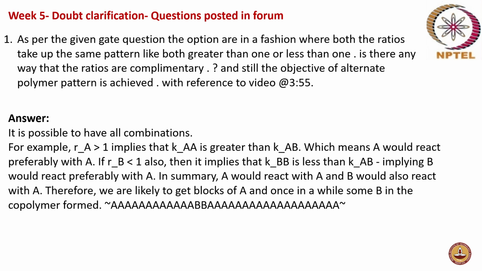It can also be that RA is greater than 1, where AA interaction is more, whereas AB interaction is less, while RB is less than 1 with BB interaction less, whereas AB or BA interaction is more. What this implies is that A reacts with A and B also reacts with B. So you will get blocks of A with some parts of B. Again there is a randomization.